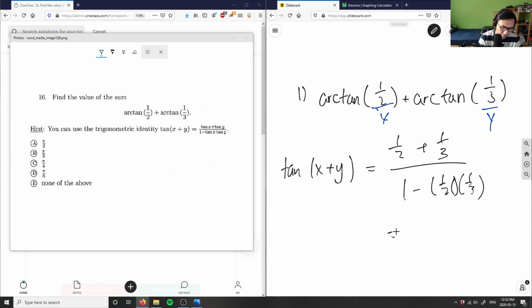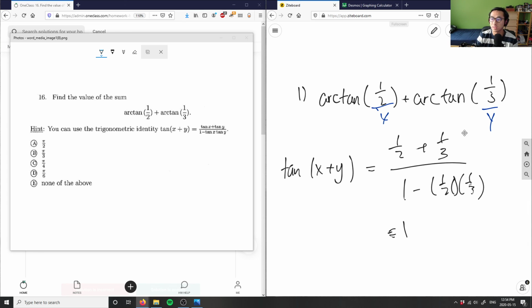So let me see, half plus 1 over 3 divided by 1 minus half times 1 over 3 here. Yes, this will give me 1. So this here gives me 1.